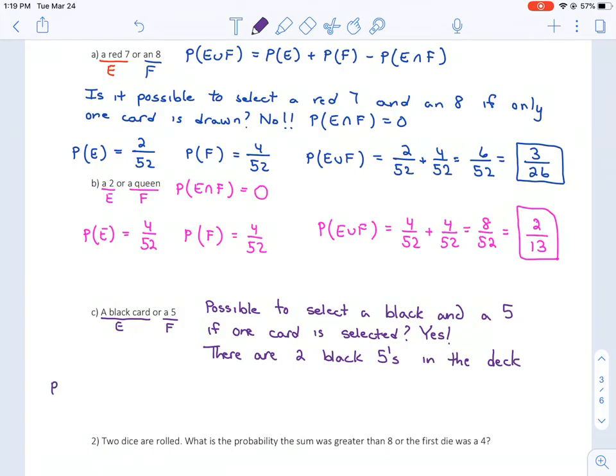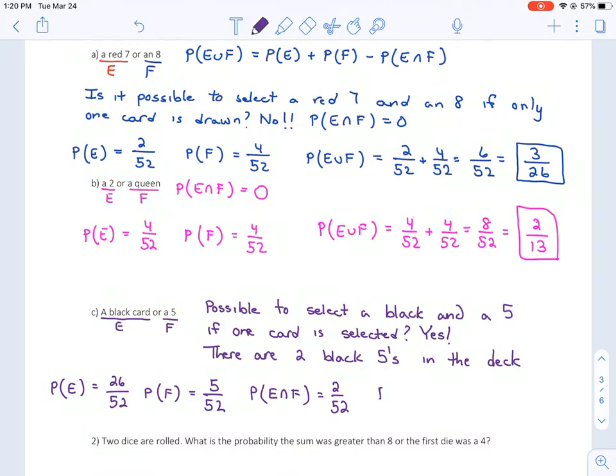So the probability of selecting a black card is 26 divided by 52. The probability of selecting a 5 is 4 divided by 52. But the probability of selecting a black card and it's a 5 is 2 divided by 52.